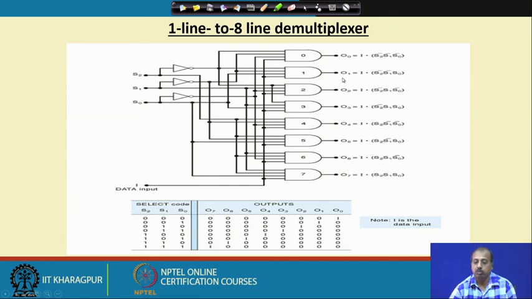If S0 is 1 and S1, S2 are zeros, then O1 will get the value of the data input. This way the logic circuitry has been made. Accordingly, in the truth table you can see that the input can come to only one of the outputs O0 to O7 at any point of time, depending upon the select lines S0, S1, S2.